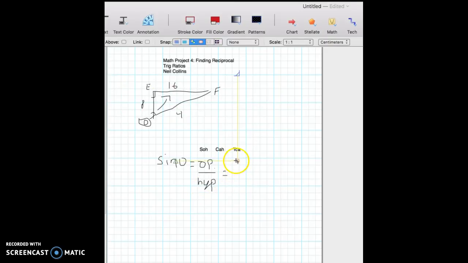So we're going to put 16 on top. Underneath the 16, we're going to put our hypotenuse. Our hypotenuse is always across from the 90-degree angle, and it's our biggest side. So our hypotenuse is 4. So we're going to put 4 underneath.